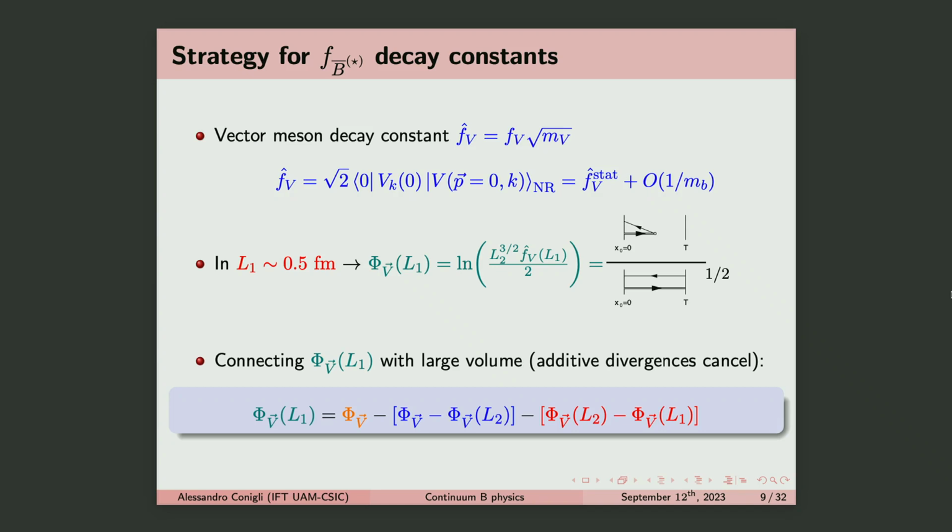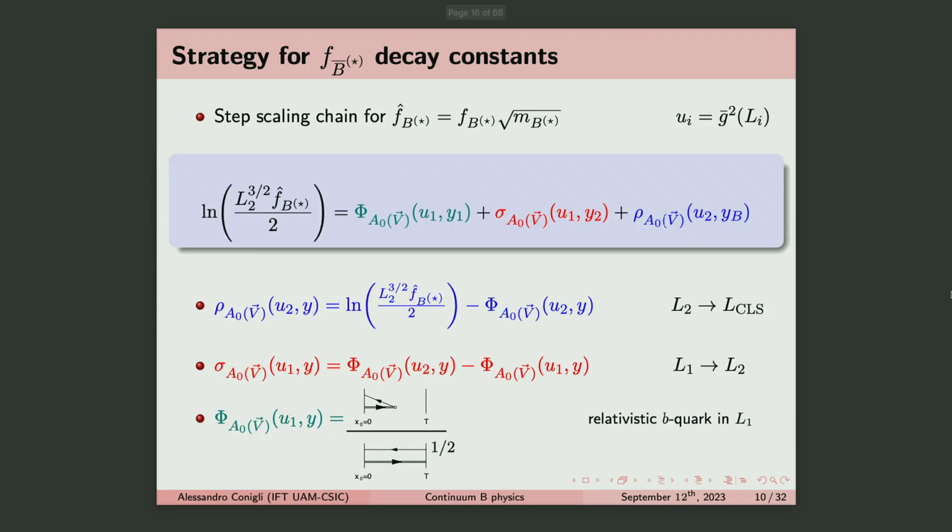If we now again rearrange this equation and make the large volume explicit, we end up with this final master equation here, which basically tells us that the large volume decay constant, either the pseudoscalar or the vector, is nothing but the value of the matrix element extracted in the finite volume L1 plus the two step scaling functions, and here I report again the definition of the step scaling function as the difference between the matrix element computed in the two volumes.